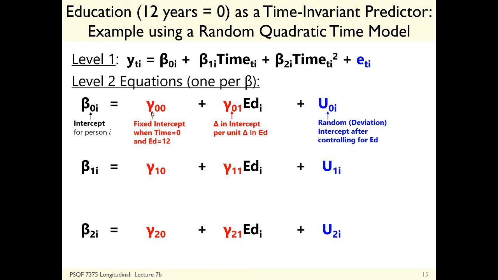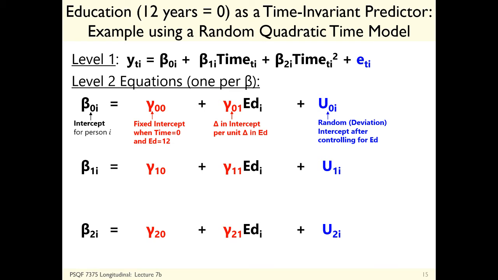So my jumping off point then, gamma 0, 0, that's my expected outcome at time 0 for someone who went to high school. Gamma 01 is the change in the intercept per year of education. So now, anybody who has the same education level as somebody else has the same predicted intercept.